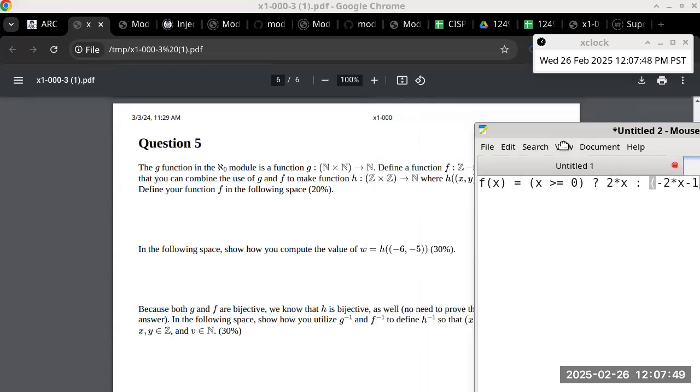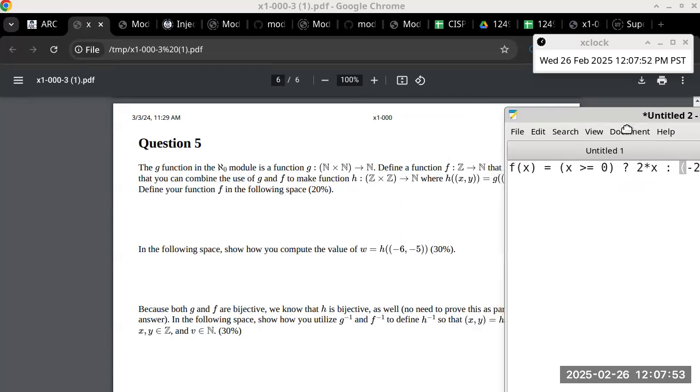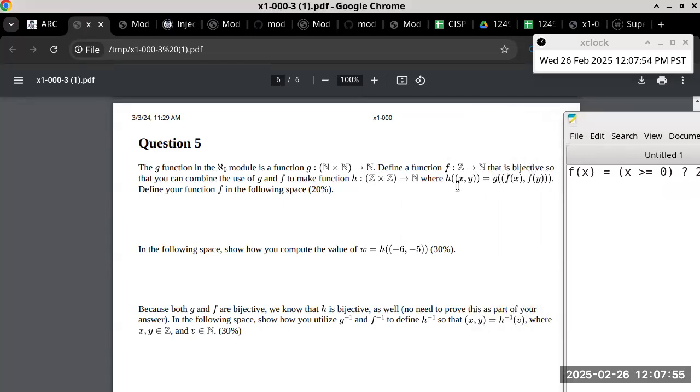That answers this part of the question, what f we are talking about. Then in the following space, I want to figure out what is h of (-6, -5). Well, the whole thing is already defined here. In other words, we're using the same g function in the Aleph Null module, and then we just plug in the f that we have chosen to use in this case.